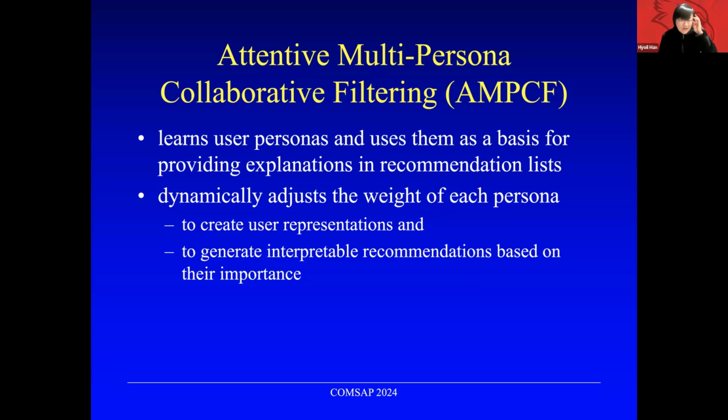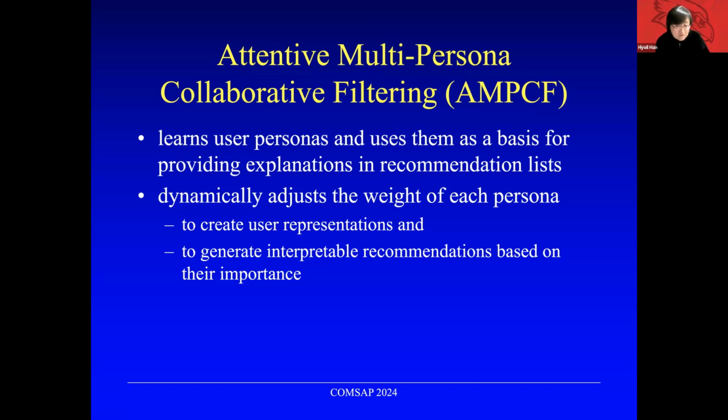Nowadays, how people generate explanations is, first, using a recommendation model, they create a recommendation list, and then add the explanations to the recommendation list. So in this framework, it first generates the recommendation list and then provides the explanations for those recommendations.